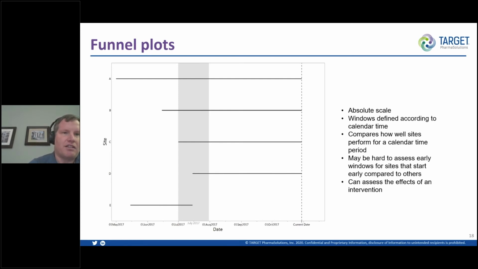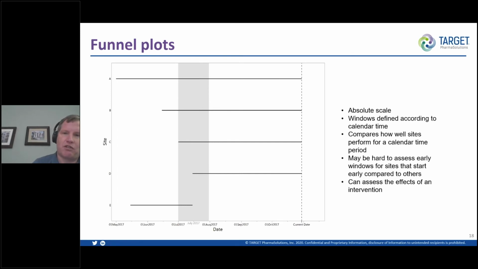And this is sort of an absolute interpretation of the quality. And what happens here is that sites come on to the trial at different times, and we may be experiencing sites that have been on the study for quite some time and sites that may have just started that month.